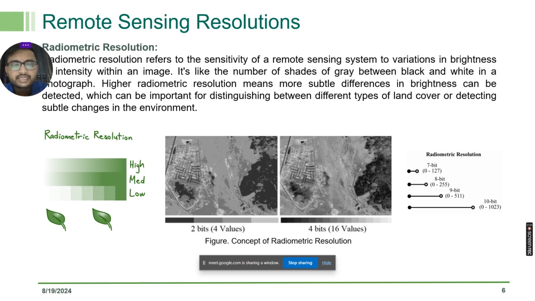If we take a scale from 0 to 100, then 0 to 25 will be black, 25 to 50 will be the darker gray, 100 to 150 will become the lighter gray, and 150 to 200 will become white. Like that, we can represent a color range from 0 to 255.